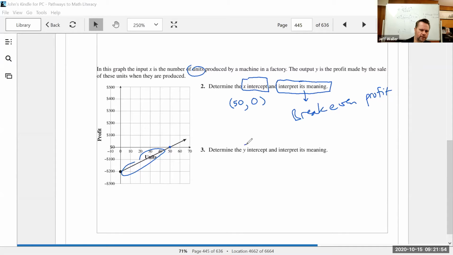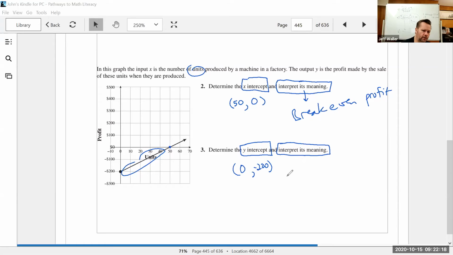What about the y-intercept? Zero, negative 200. Yeah, I don't go left or right at all. I just go down to 200. And now somebody else tell me what that means. Overhead costs.